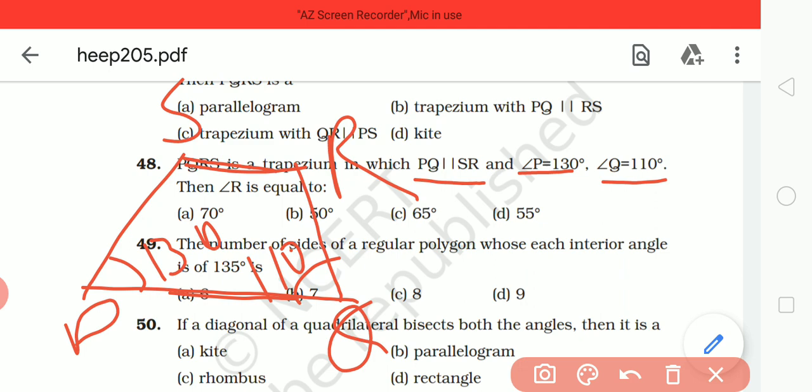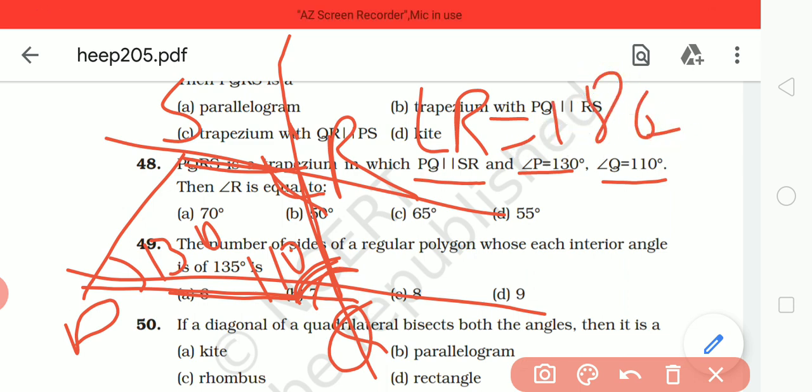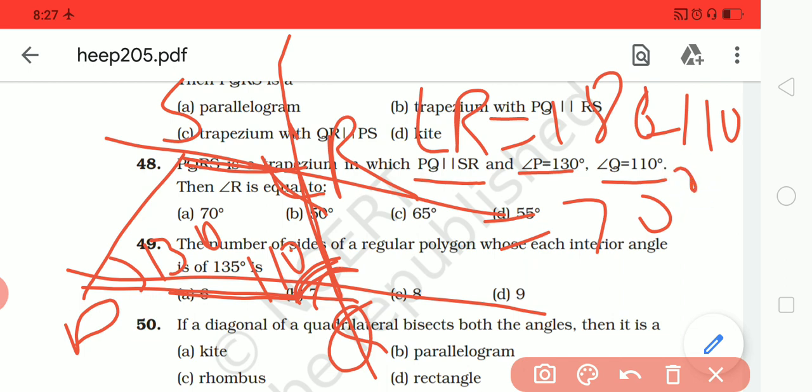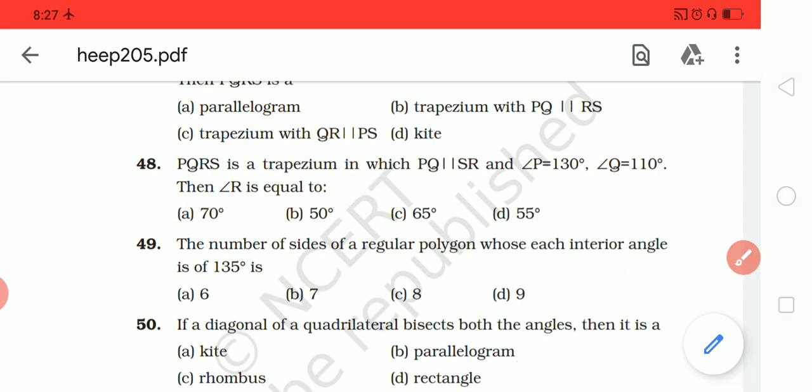So what is the measurement of angle R? You know that if these are two parallel sides and this is a transversal, these are two supplementary angles. So angle R will be equal to 180 minus 110 degrees, so you get 70 degrees. Let us check which option is showing 70 degrees. A option.